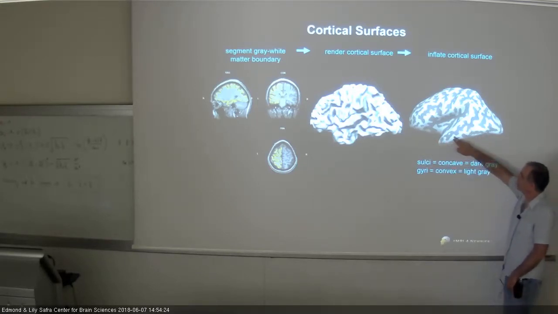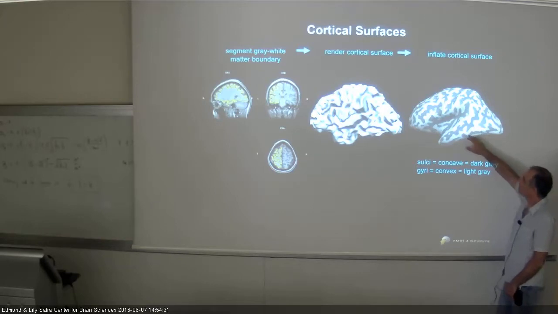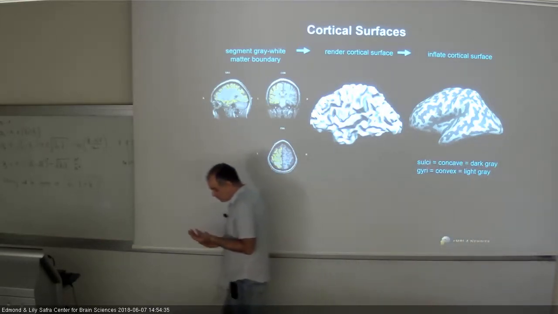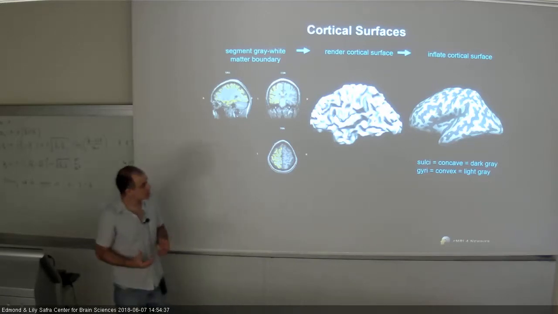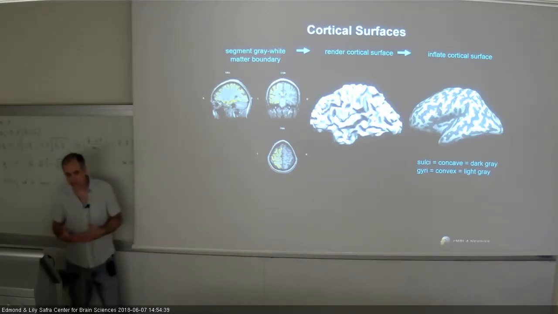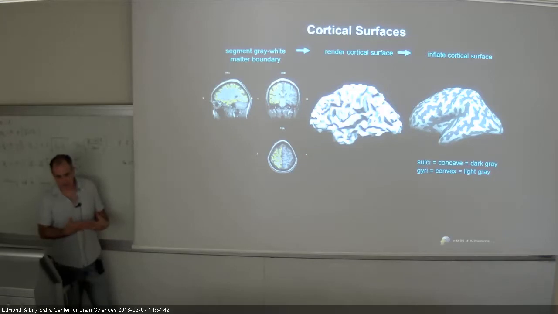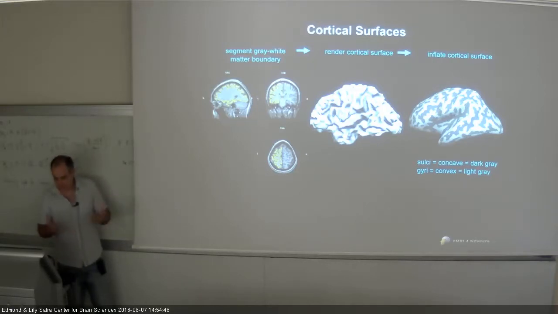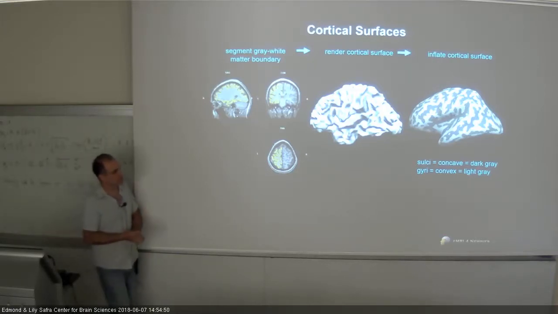The algorithm paints the sulci in dark gray and the gyri in bright gray. And you have this inflated brain, which is better especially for visualization, but also for some types of analysis. But again, we don't have time for that. I just wanted you to know that this is the final step you do on a need-to-do basis.